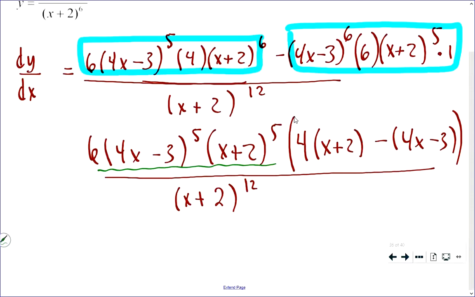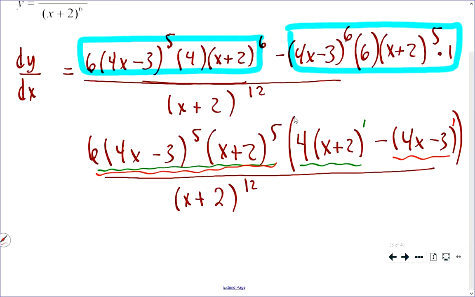If I take this times that, I get 6 times 4, I get 4x minus 3 to the 5, and I get x plus 2 to the 6. If I multiply this thing that I factored out by the 4x minus 3, I get a 6. I get a 4x minus 3 to the 6 because I have to the 1 and to the 5. And I have an x plus 2 to the 5. So are we okay with the factored form there?